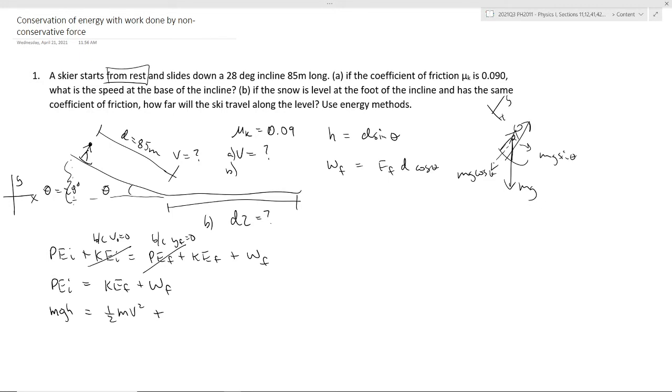There would be the normal force, perpendicular, and then the force of friction. The work done by friction is going to be the force of friction times the displacement. The force of friction and the direction of motion are anti-parallel, so it'll be negative, but that's incorporated in our signs because we know that energy is going into the work that's done by friction.